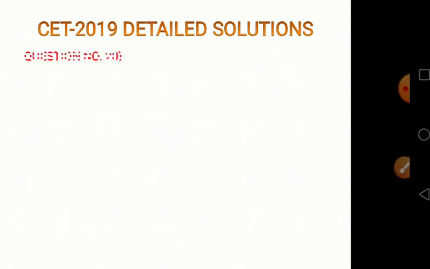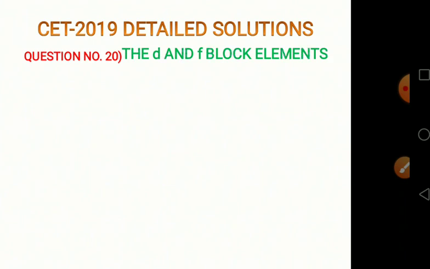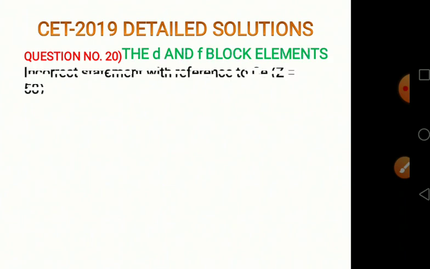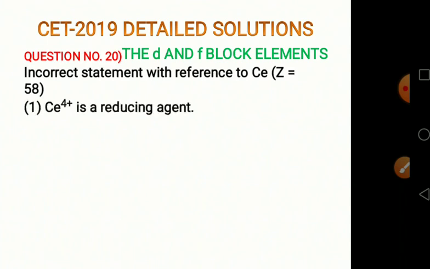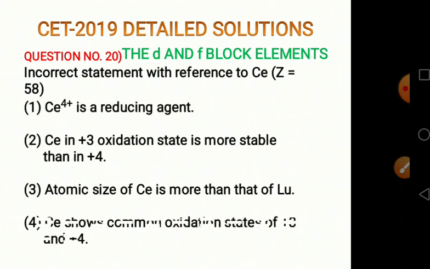Let us go to question number 20, from the D and F block elements chapter. The question asks for the incorrect statement with reference to Ce. Four statements are given. We will go one by one. Ce4+ is a reducing agent, they have given. Remember, cerium exhibits highest +4. Common is +3.